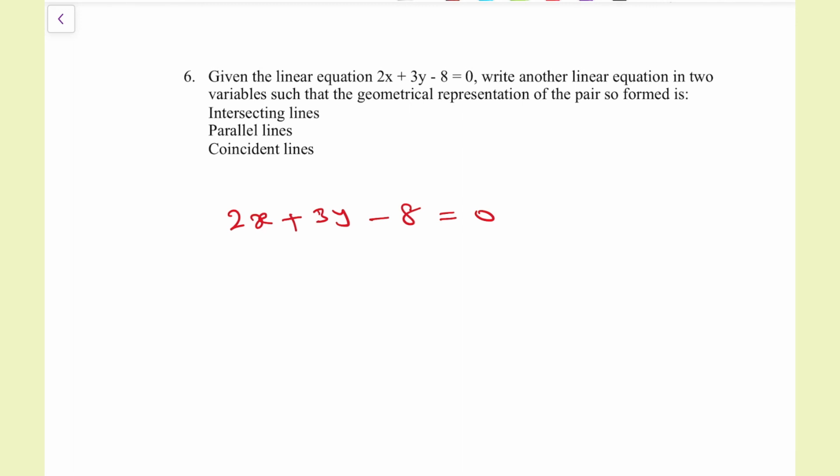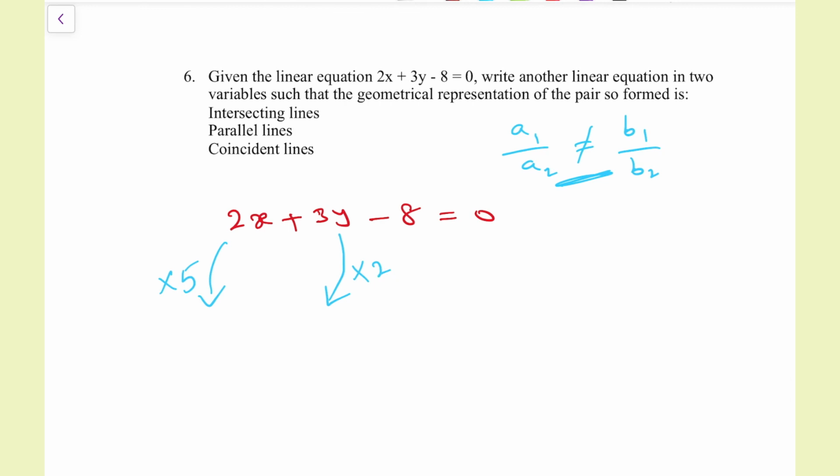What is the condition for intersecting lines? A1 by A2 not equals B1 by B2, correct? So this is not equal, right? So the x coefficient, you multiply with any number. For example, I am multiplying with 5. The 3y you should not multiply with 5. Except 5, you multiply with any other number you want. I am doing it with 2.